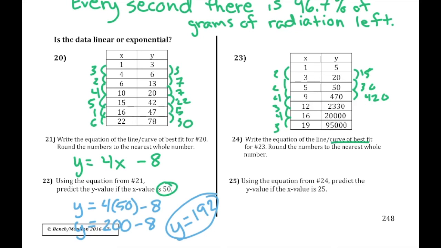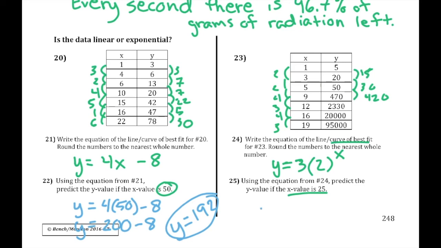So rounding to the nearest whole, we're going to have y equals, and then our a value rounded to the nearest whole is going to be 3, times our b value, which is going to be rounded to the nearest whole, 2, raised to the xth power. And then on number 25, we're just going to substitute in for the x value of 25 and find y.